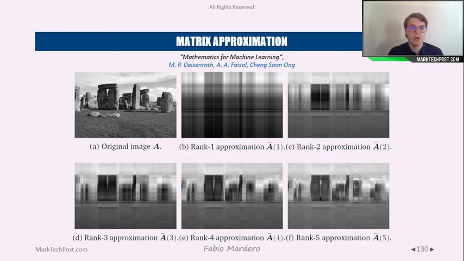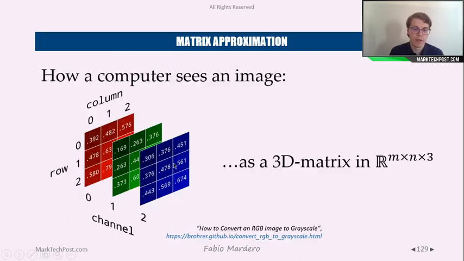In this case, since the original picture, which is in the top left corner, is black and white, the tensor reduces to a 2D matrix, since here we have just one color, one channel.